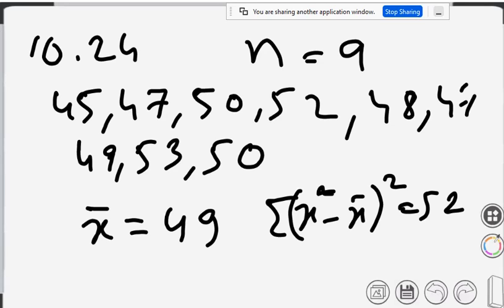Can this sample be regarded as taken from a population having 47 as mean? Also obtain the 95% and 99% confidence limit of the population mean.